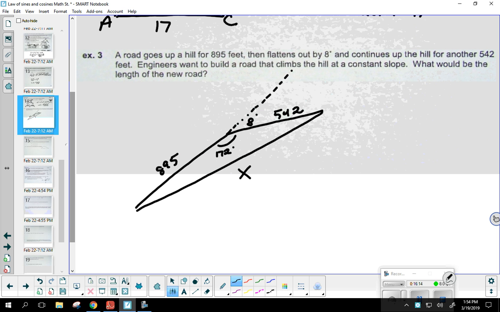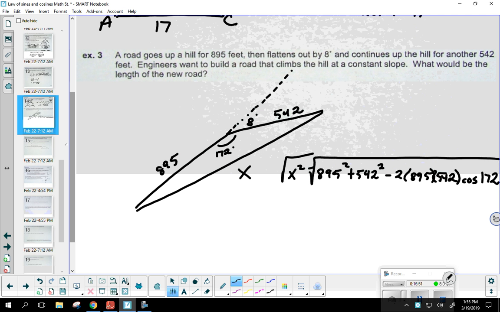All right. So how would I write my equation using the law of cosines? It would start x squared equals 895 squared plus 542 squared minus 2 times 895 times 542 times the cosine of 172 degrees. Okay, that's exactly right. Now remember, we're looking for x instead of x squared, so I'm just going to take the square root of that entire expression, and let's see what we end up with.